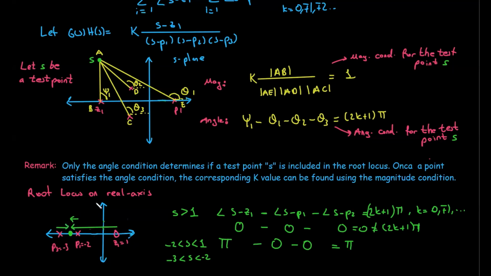The angle of S minus Z1 is equal to pi, minus the angle of S minus P1, that small vector, which is again pi. And the angle of S minus P3 is equal to 0. So that's again 0, and that's not equal to an odd multiple of pi once again.